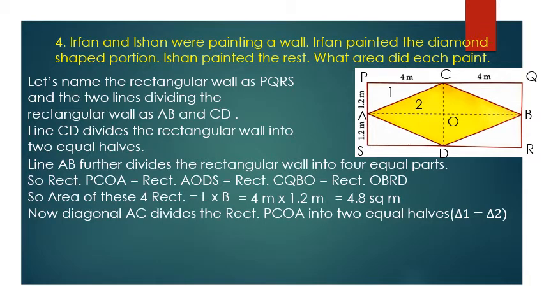Now children, diagonal AC divides the rectangle PCOA into two equal halves, which is triangle 1 is equal to triangle 2. So diagonal AC is dividing this rectangle PCOA into two equal triangles, triangle 1 and triangle 2, and both of these triangles are equal.